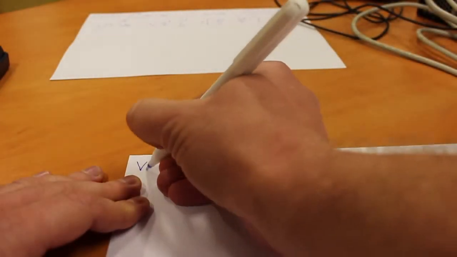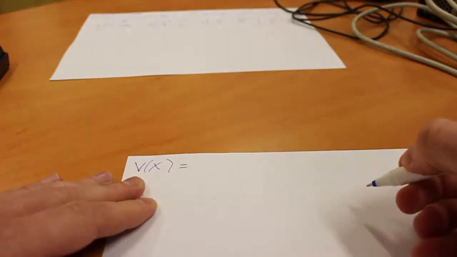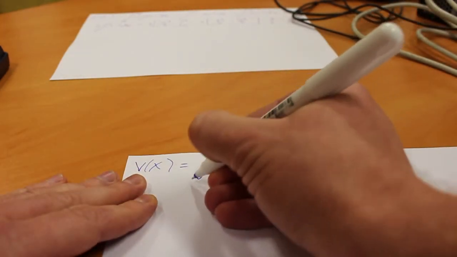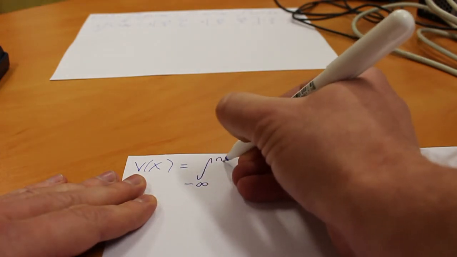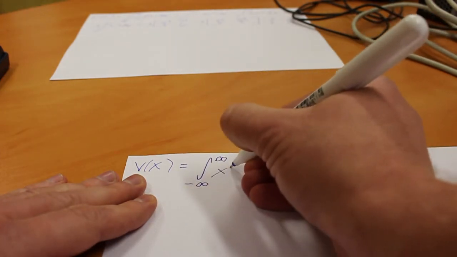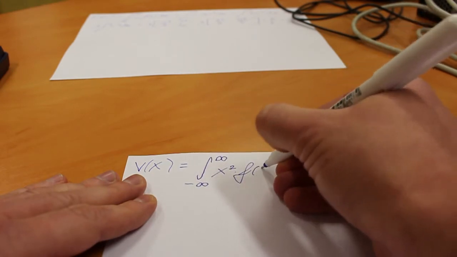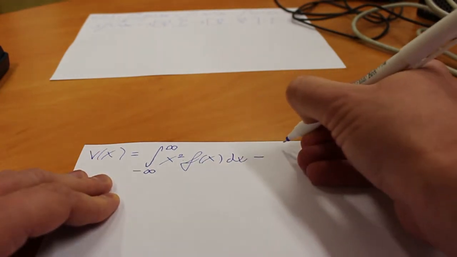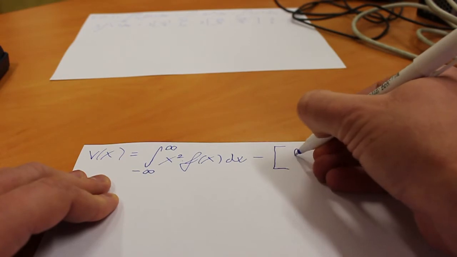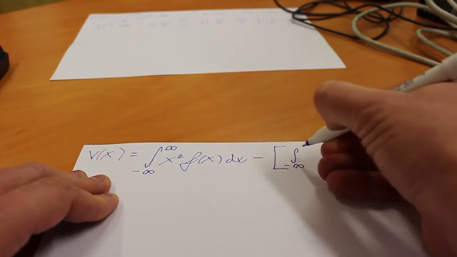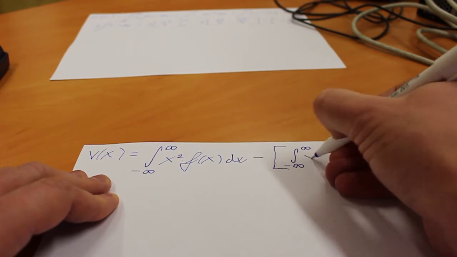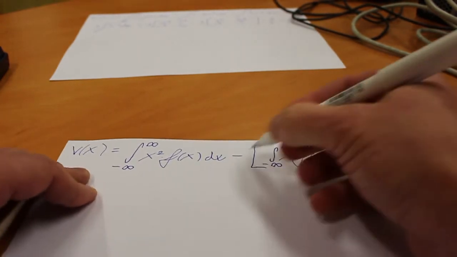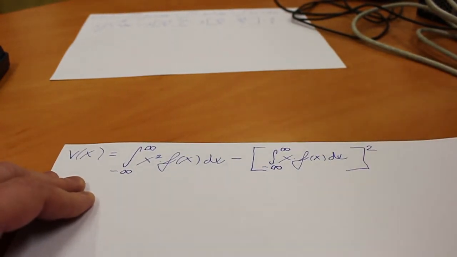The variance in your formulas is written as the integral from minus infinity to plus infinity of x squared times the density f(x) dx, minus the squared parenthesis of the integral from minus infinity to plus infinity of x times f(x) dx.